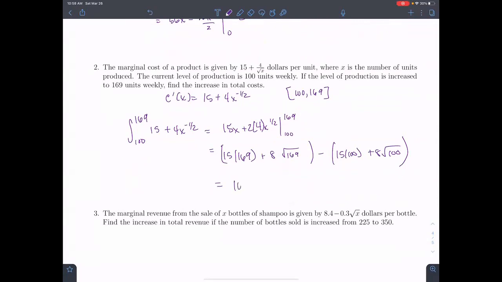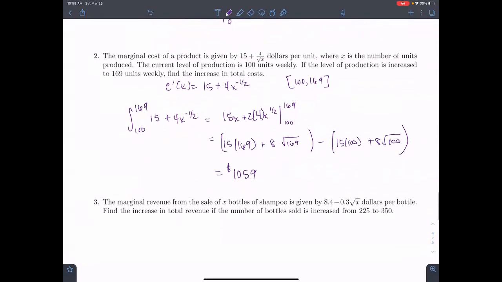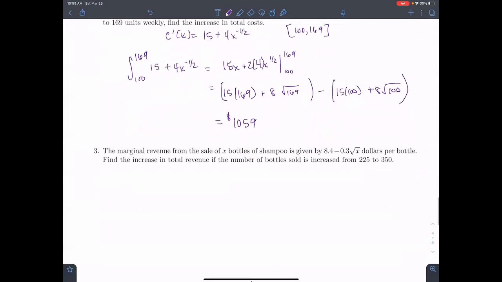I have 1059 to end with. So the increase in cost would be $1,059. So again, the new thing in this section is that you have limits on the integration that you're doing. So you're not just finding the cost, you're finding the cost if we increase from 100 units to 169 units.